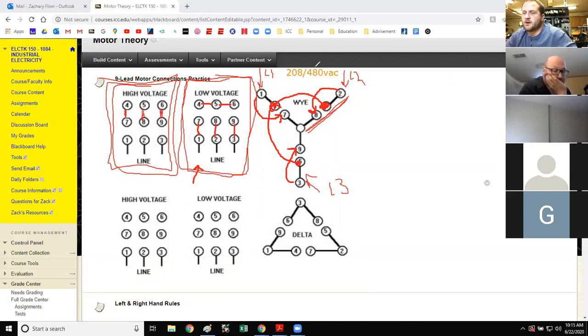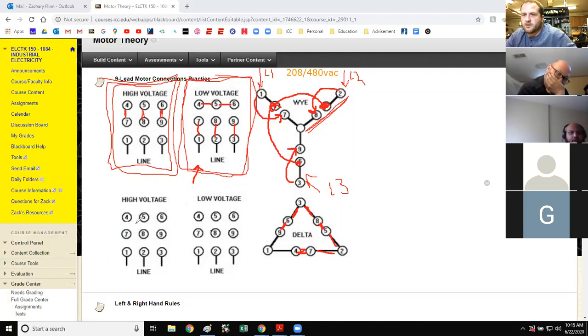So in this case right now that I'm talking about, we got 480 volts available. We need to hook it up to this motor. We're going to take these sets of windings and series them. So this is a winding, this is a winding, this is a winding. Okay, so high voltage delta, all we're doing is taking 6 to 9, 4 to 7, and 5 to 8.